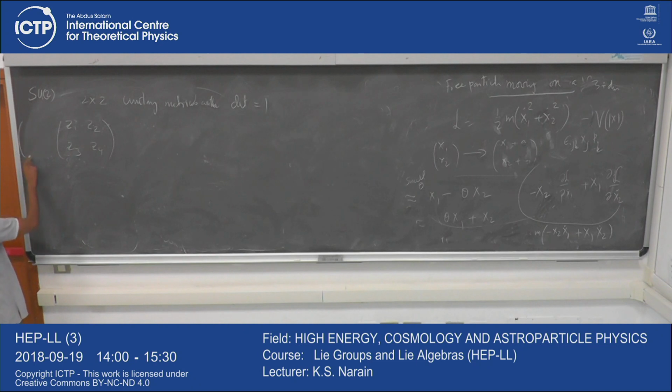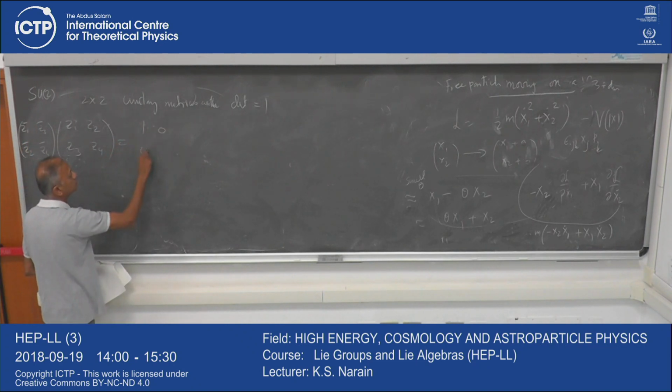Unitarity means this times its dagger should be equal to the identity. The dagger is the transpose together with complex conjugation, so it is Z1 bar, Z3 bar, Z2 bar, Z4 bar, and that equals 1, 0, 0, 1.